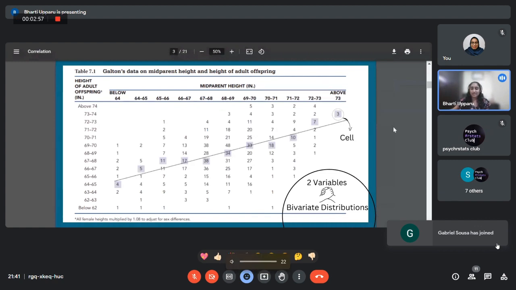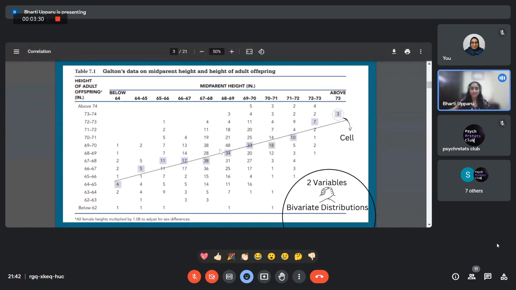So here we have two variables. One is the mid-parent height, and the other is the adult offspring height. All these entries are known as cells. The reason I'm showing you this chart is that correlation is usually between two variables, and the relationship between these two variables is known as a bivariate distribution.